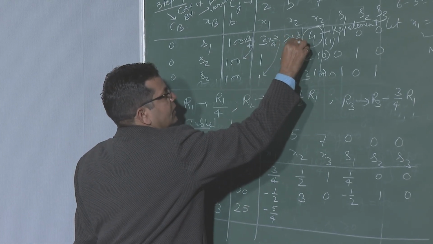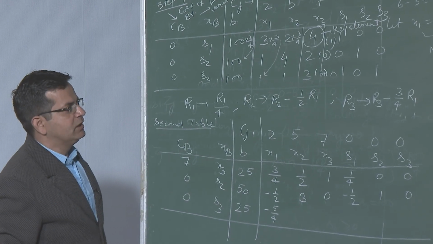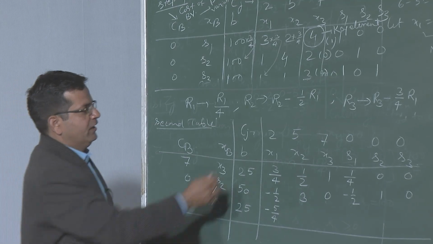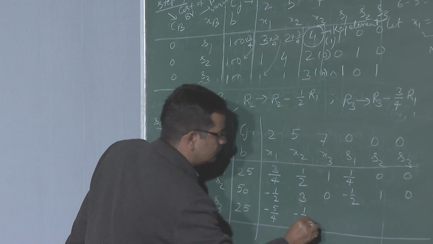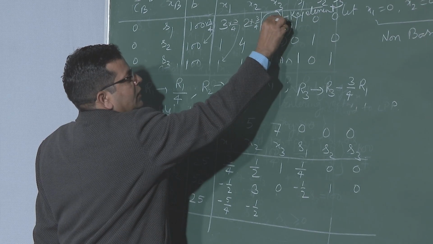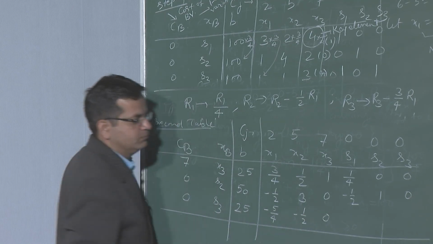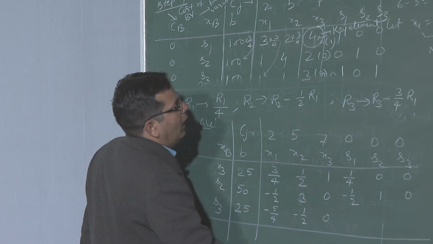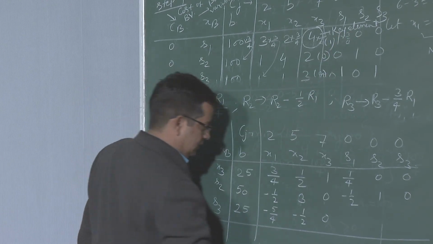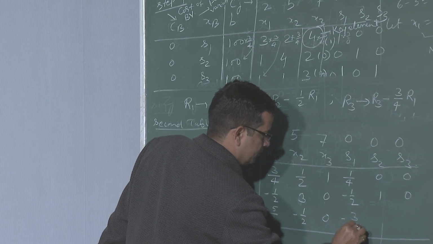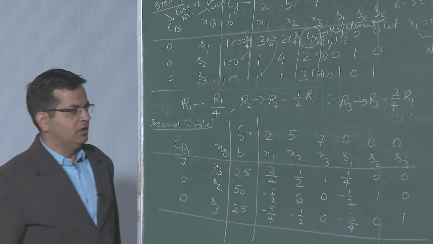Then 2 into 3 by 4 is 3 by 2, and when we subtract it from 1, we have 1 minus 3 by 2, which is minus half. When we multiply 4 by 3 by 4, we have 3, and when 3 is subtracted from 3, it becomes 0. And when we multiply 1 by 3 by 4 we have minus 3 by 4, and the last column will not be affected by this multiplication.